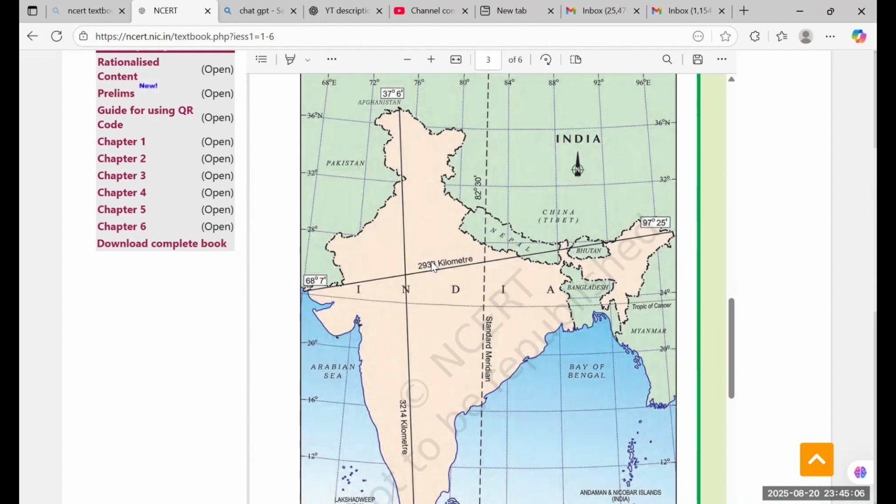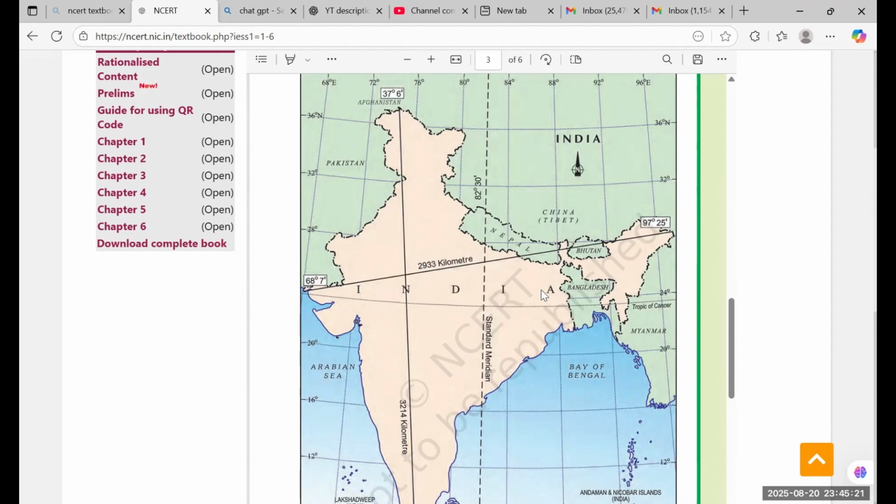But in comparison, if we are checking in kilometers, it is different. That is, east-west distance is shorter than the north-south distance.